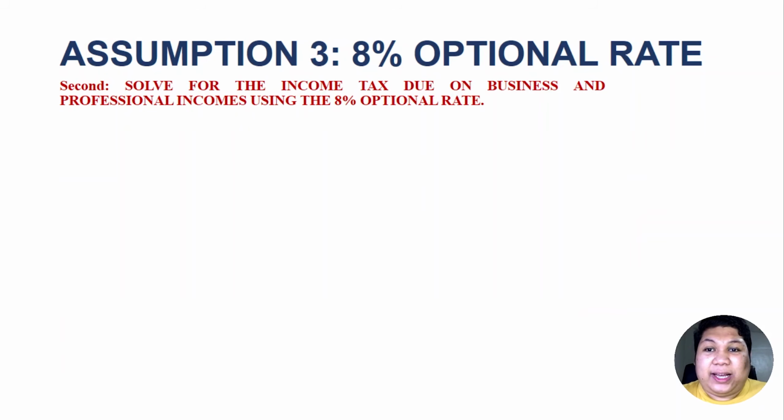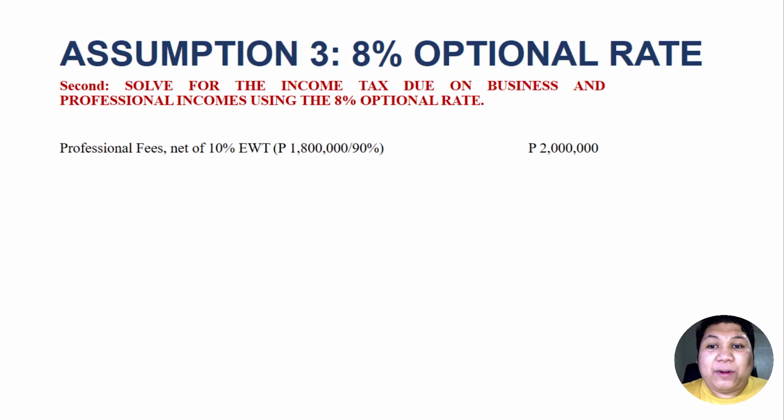Our second step is to solve for the income tax due on business and professional income using the 8% optional rate. So we will have to solve for the annual gross sales and receipts and other non-operating incomes. So we have here professional fees net of 10% EWT, and again we have to gross it up to get the gross amount of 2 million pesos, and the gross sales from retailing business, that is 420,000 pesos.